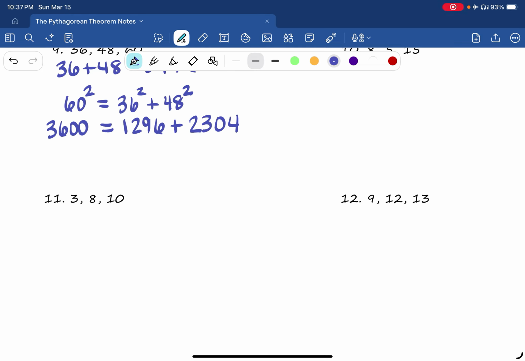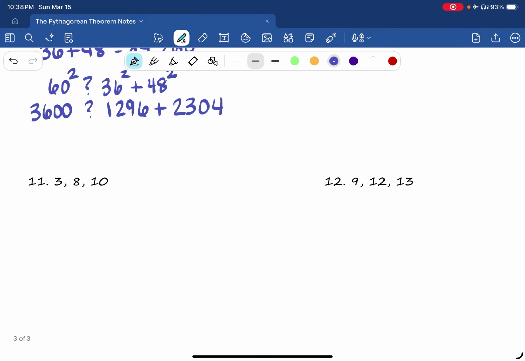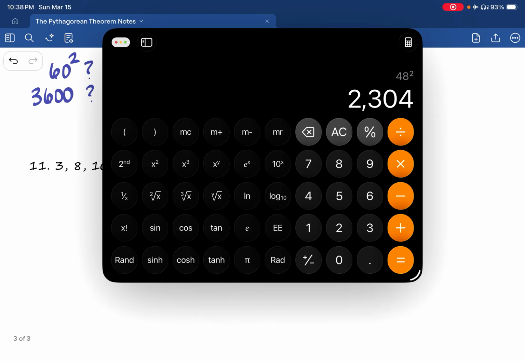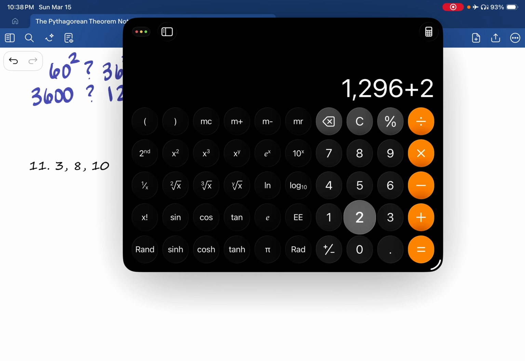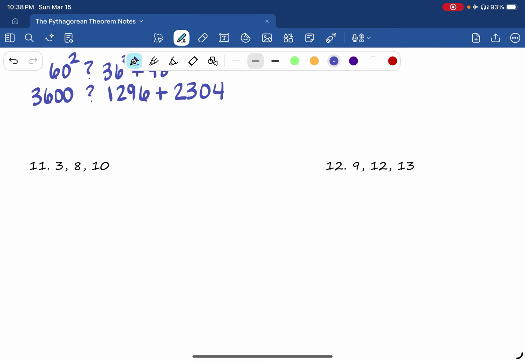And you know what? I probably shouldn't put an equal sign here yet because I'm not sure what it's going to be. So I'm going to change that to a little question mark because we need to know, are they equal? Are they the same? Or is c squared bigger or smaller? So let's check. We're going to take 1,296 and we're going to add 2,304, and look at that, we get 3,600.